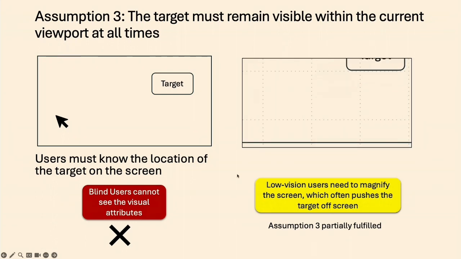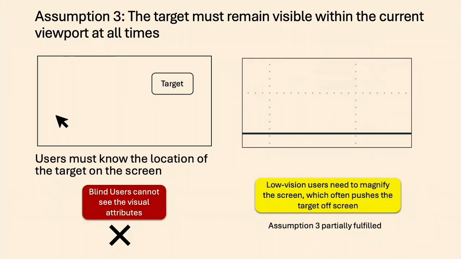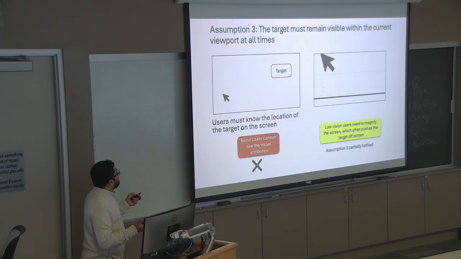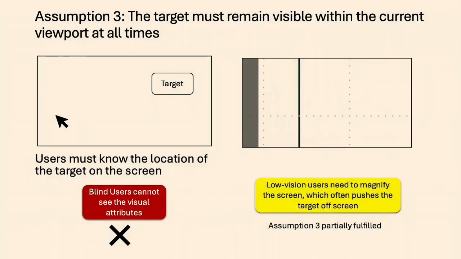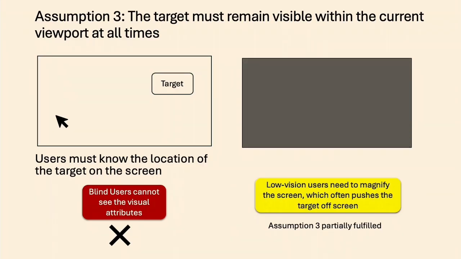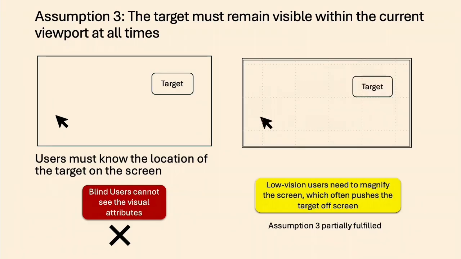Yeah, I'm magnifying, and this is my viewport. My target is gone. So how do I apply Fitts law? I think you get the sense why we can't apply this law as is.